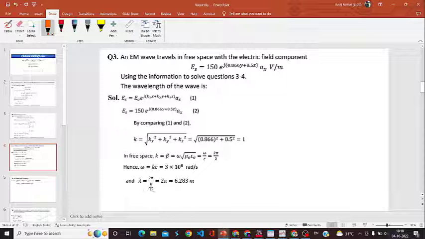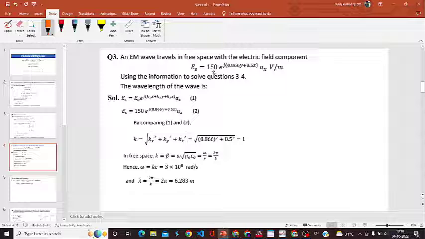Our task is to find the propagation constant, or say phase constant, because the wave is traveling in free space, so both are the same. But the problem here is that the wave is not traveling in only one direction, along x, along y or along z. It is propagating in the yz plane, meaning it has both y and z directions.